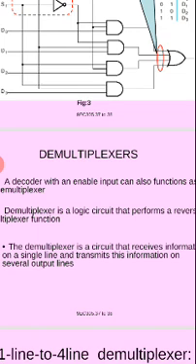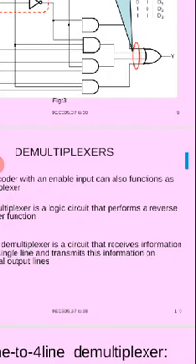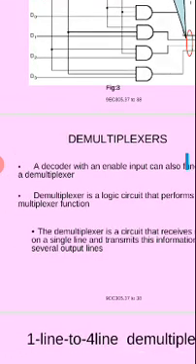A demultiplexer is a logic circuit that performs a reverse multiplexer function.